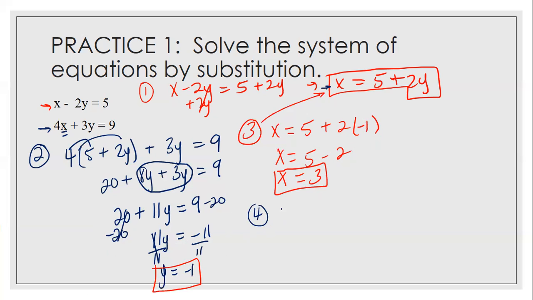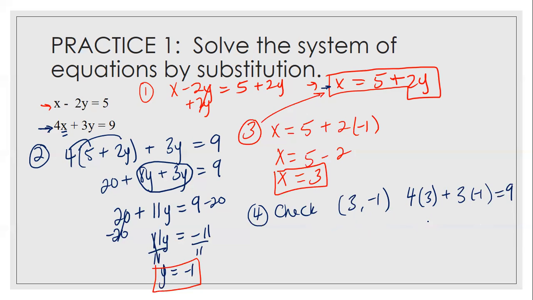So step 4 is where we check. I want to make sure that 3 comma negative 1 is my answer. So I'm going to go back to this equation and plug it in and test it. So we have 4 times 3 plus 3 times negative 1, and it needs to equal 9.